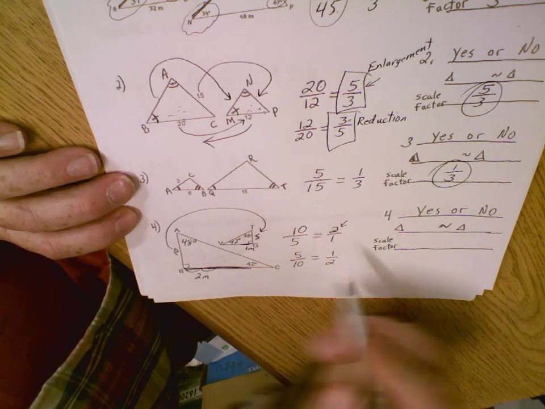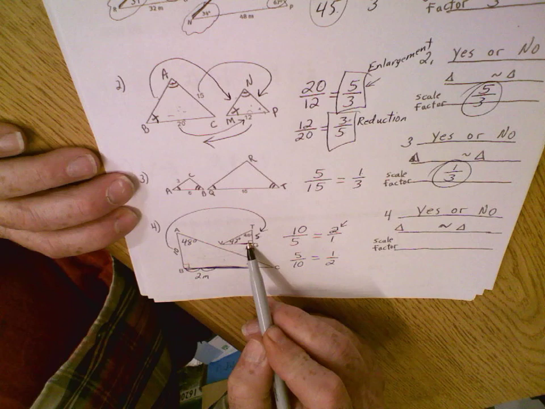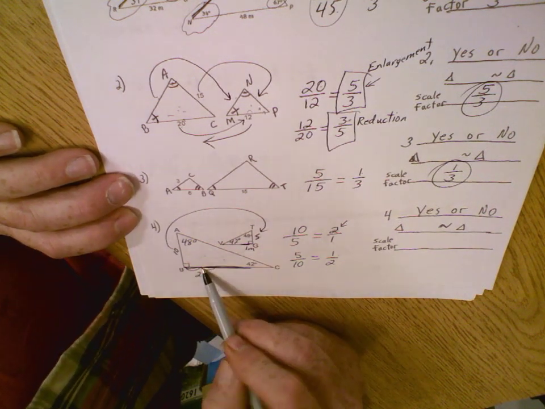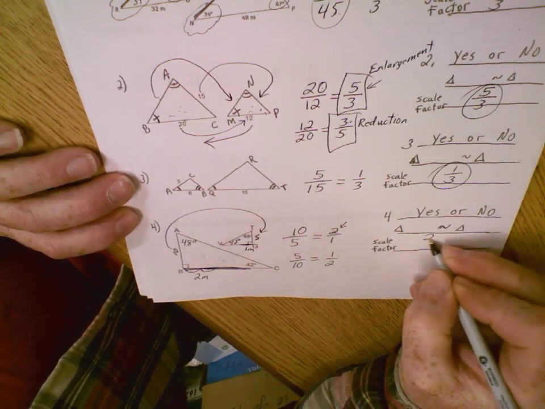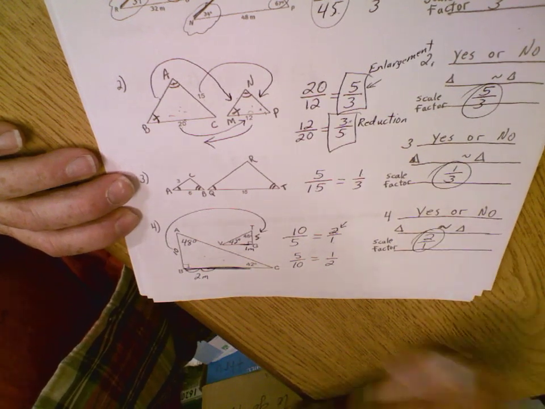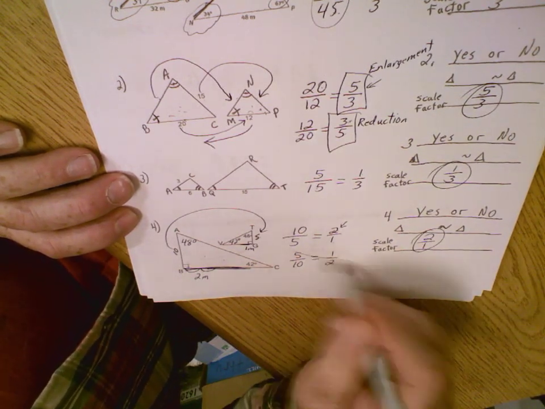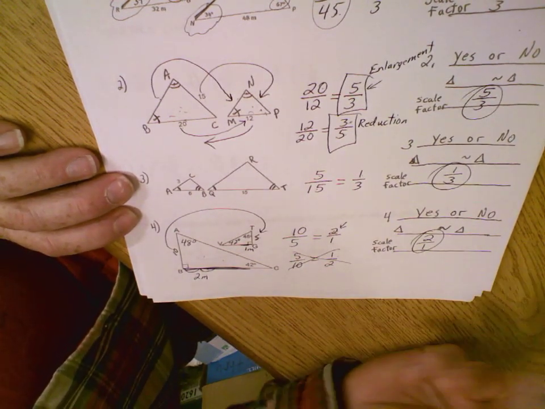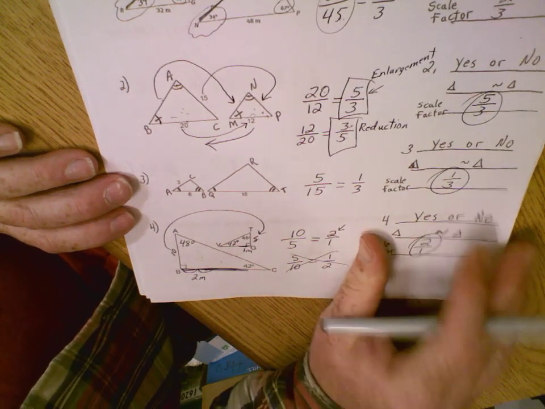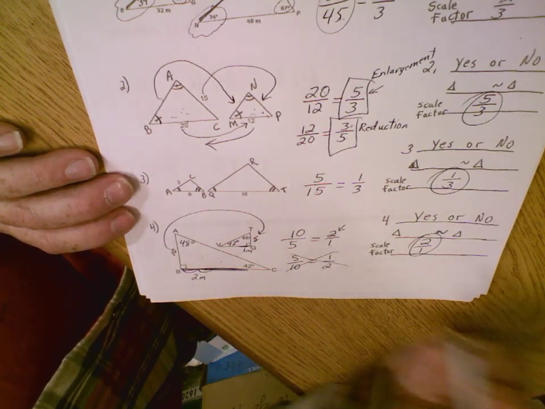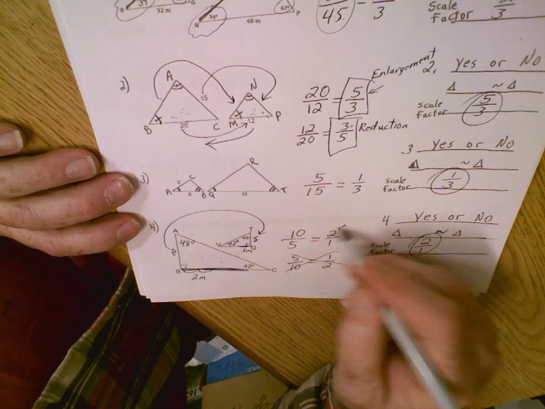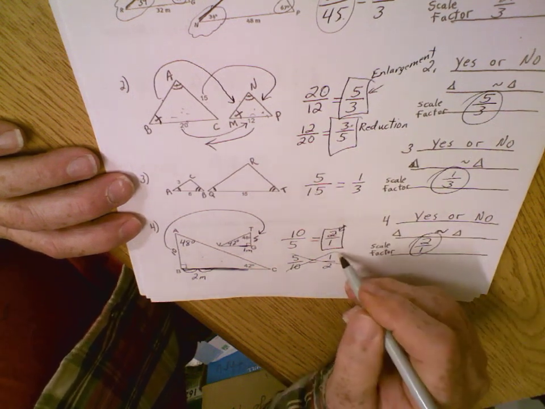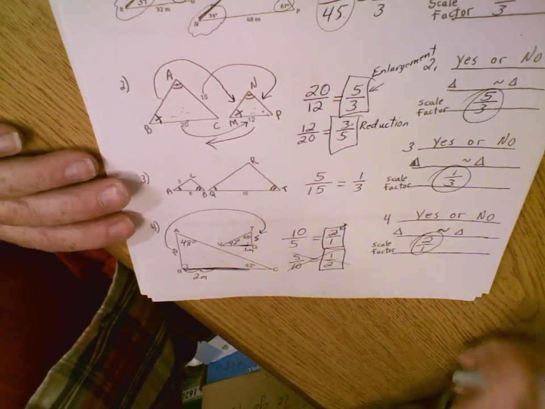And if we set it the other way around, for every 1 meter in the small triangle, there's 2 meters in the big triangle. So our scale factor here is 2 to 1, and again, it could be 1 to 2, either one, because I didn't say if it was an enlargement or a reduction. If I'd said it's an enlargement, then it has to be this one. If I'd said it's a reduction, then it has to be that one.